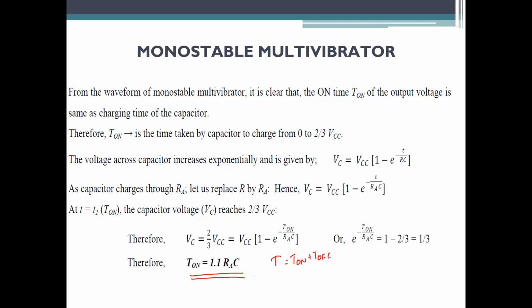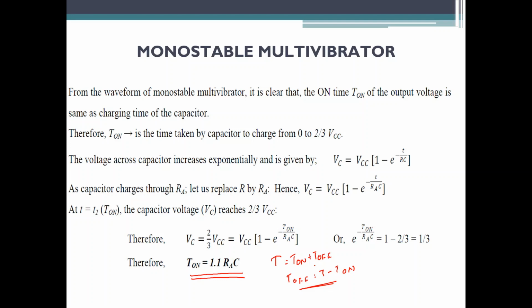Or you can write T is equal to T on plus T off, or T off is obtained by T minus T on. So for a monostable multivibrator, the time during which your waveform is going to remain in the stable state is given by 1.1 into Ra into C. So basically Ra and C play a major role in making the waveform remain stable.